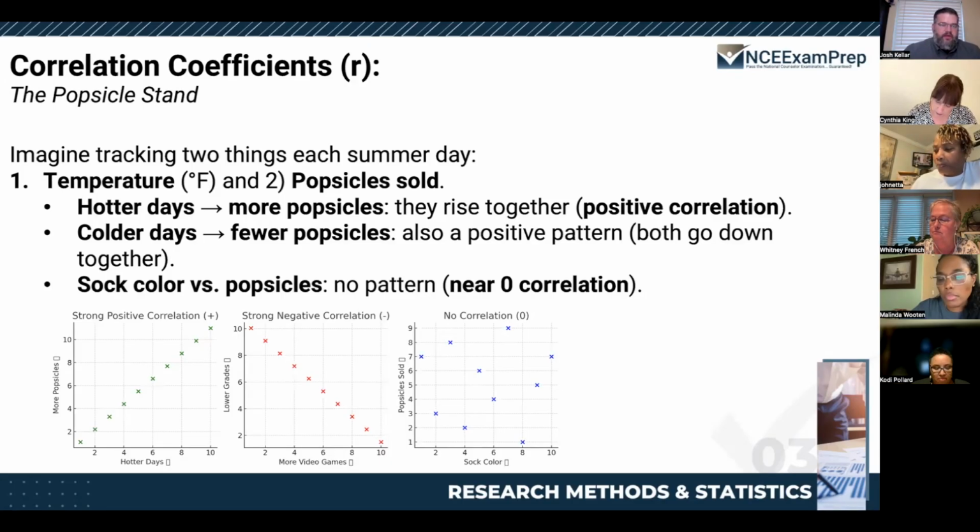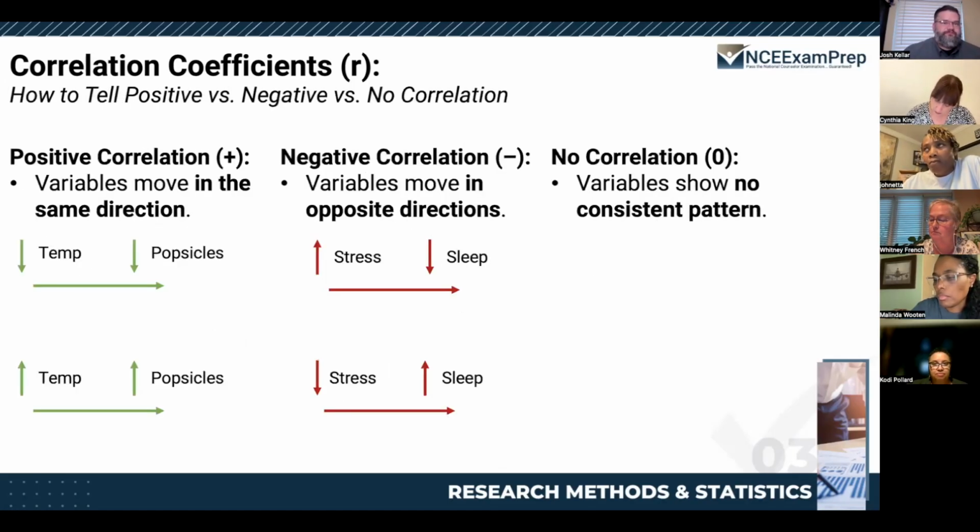Okay. Suppose we're trying to decide if sock color determines popsicles. Well, there's no pattern to that. You can see on this third little scatter plot here, if we label the sock colors down here and popsicles sold, it's all kind of scattered. So that's basically how correlations work: we're connecting two different variables to see if there's a correlation between them.